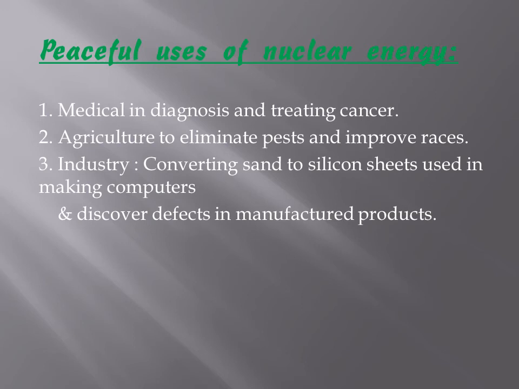Eliminating pests means killing the insects which harm the plants, and it's also used in research on improving the races of the plants. Races are being made better. This is in agriculture. While in industry, it's used in converting sand to silicon, which is used in making computers. It's also used in discovering defects in manufactured products.